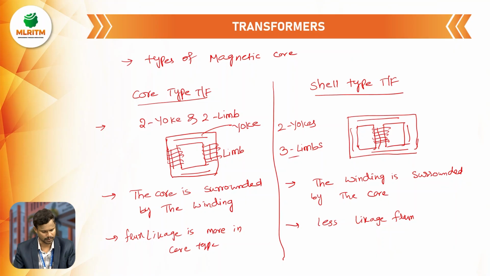If the winding is arranged on the outer limbs, as in the core type transformer, there is less or no mechanical protection for the windings.